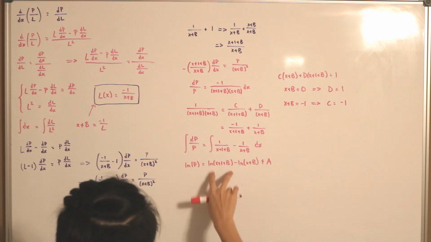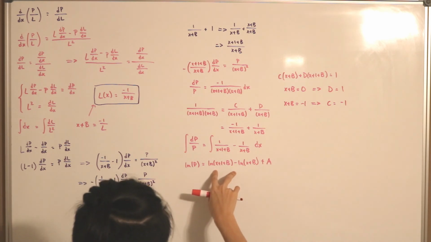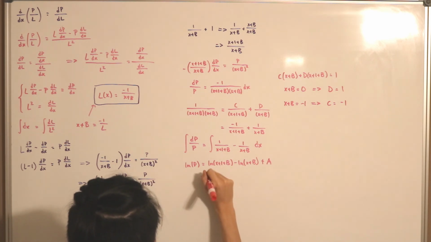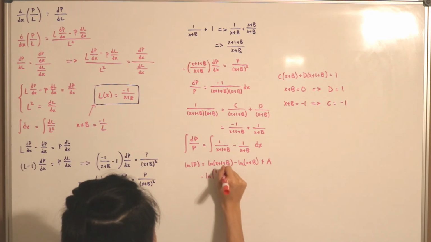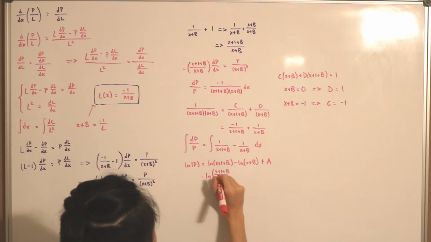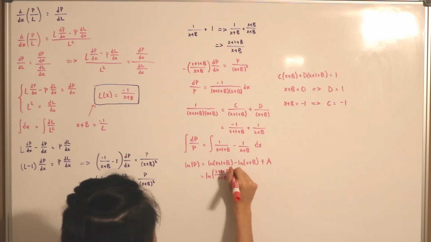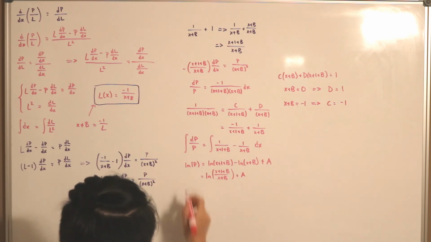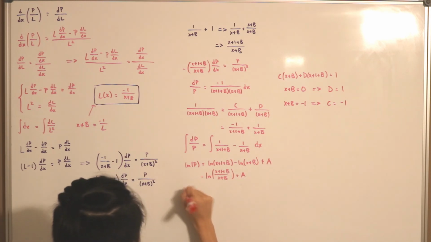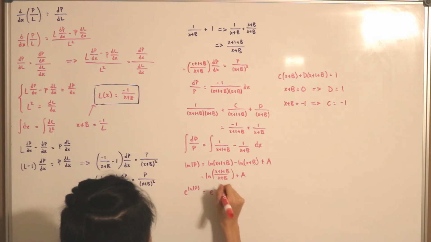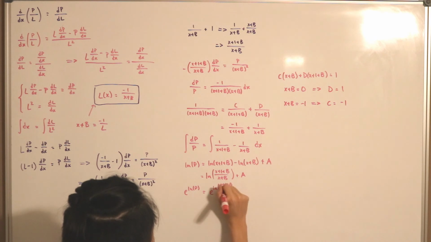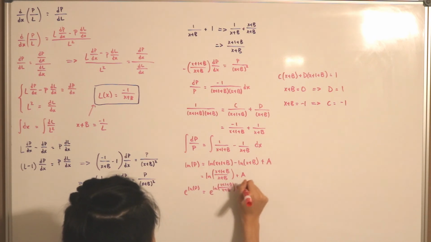Now I can use natural logs to combine, so this can be written as the natural log of x plus 1 plus b divided by x plus b, then plus a, and then I can take e to both sides, so we get e to the ln of p equals e to the ln of x plus 1 plus b divided by x plus b plus a.